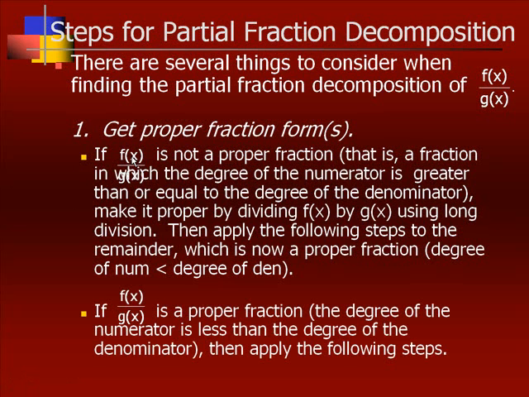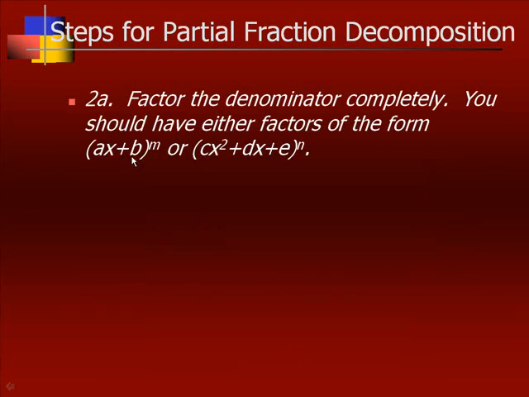If f of x over g of x is a proper fraction, then we're going to apply the following steps. This is sort of a two-part step. Factor the denominator completely. You should have either factors of the form ax plus b to the m, which are linear factors, or cx squared plus dx plus e to the n, which are quadratic factors.